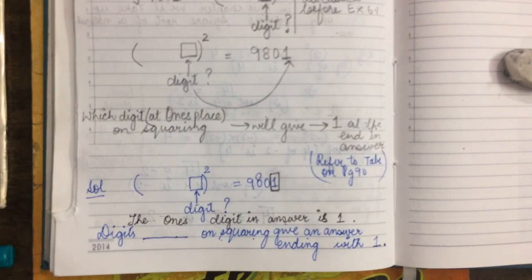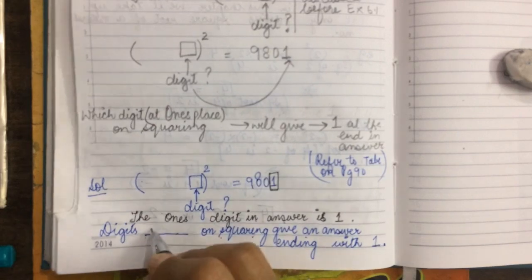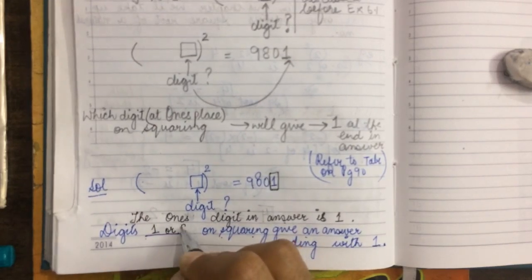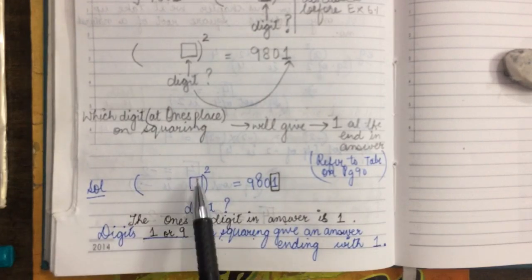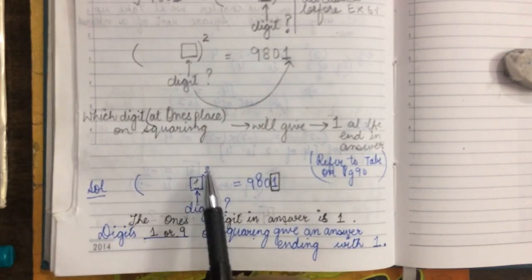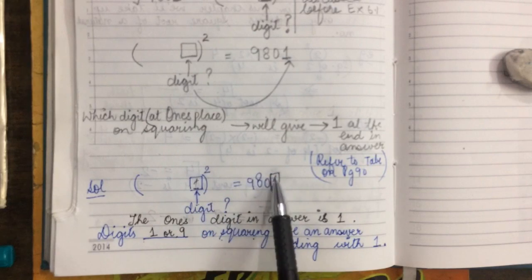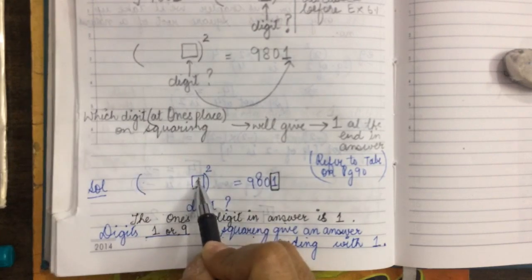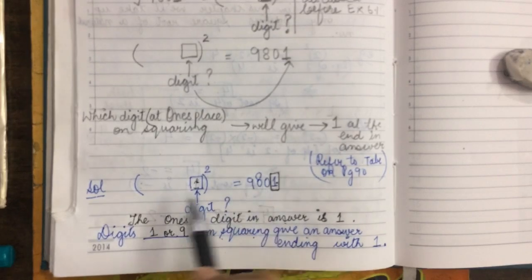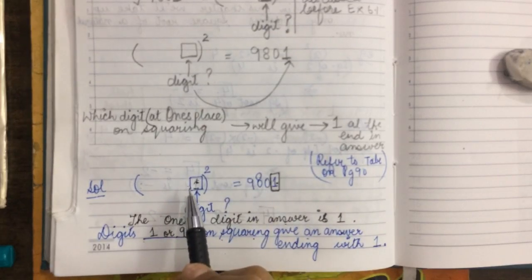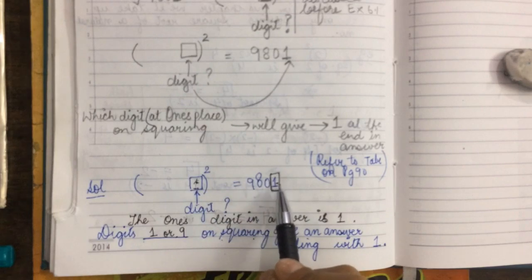If a number ends with 1, the square ends with 1. If a number ends with 9, then also the square will end with 1. So the answer here will be 1 or 9. If we had 1 here, on squaring, the answer will end with 1. If I had a 9 here, on squaring, the answer will end with 1, because on squaring 9 gives me 81, and at the end I will get 1.